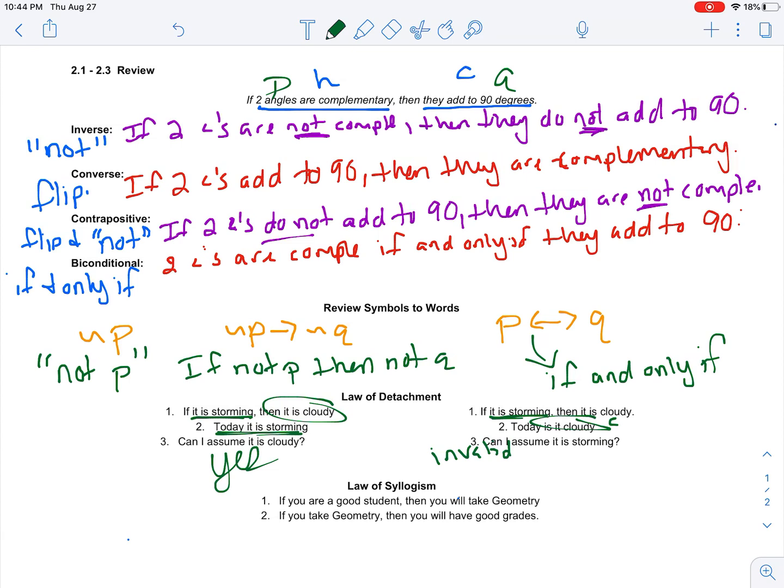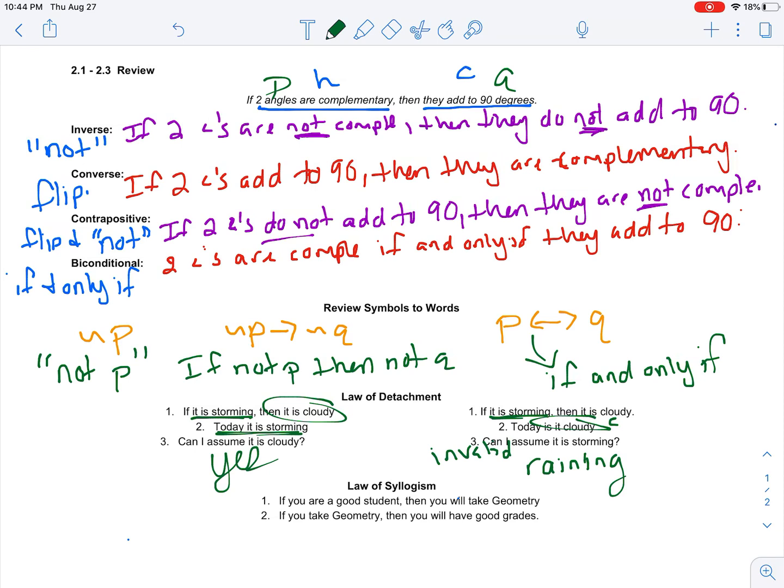No. What are some other examples when it's cloudy? Well, it could be cloudy and it could be raining. It could be cloudy and it could be snowing. It could be cloudy and it could be just cloudy. The sun's just not out, right? So all of those would be counterexamples because all of those are examples when it's cloudy but not storming.